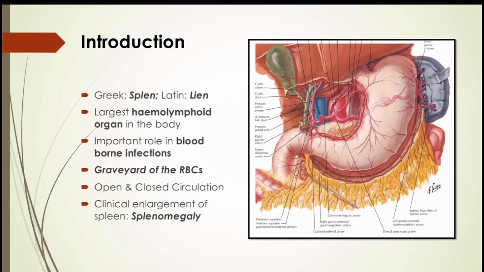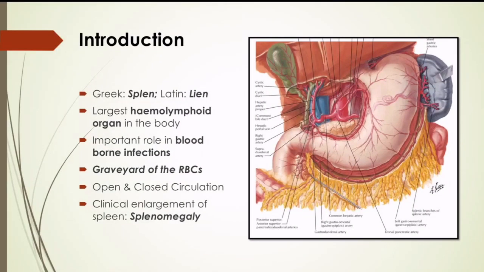So closed circulation is the typical arterial capillary venule system, and in open circulation the blood actually pours out through what are known as sinusoidal capillaries, and the entire surrounding tissue is bathing in that blood. Now there are certain regions in the body where this kind of circulation is seen, and spleen is one of them, although there is slight controversy about whether human beings have open circulation, closed circulation, or a bit of both.